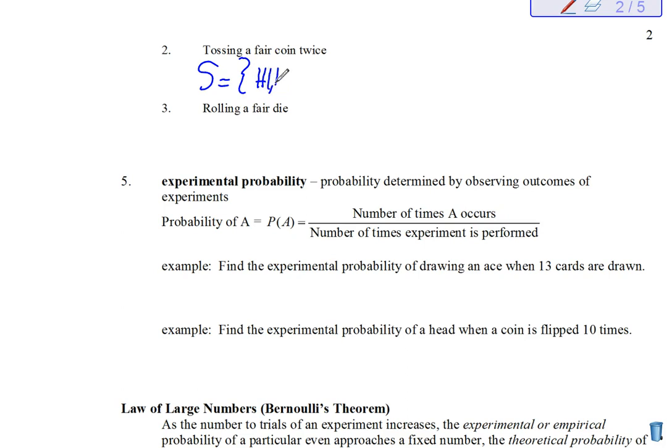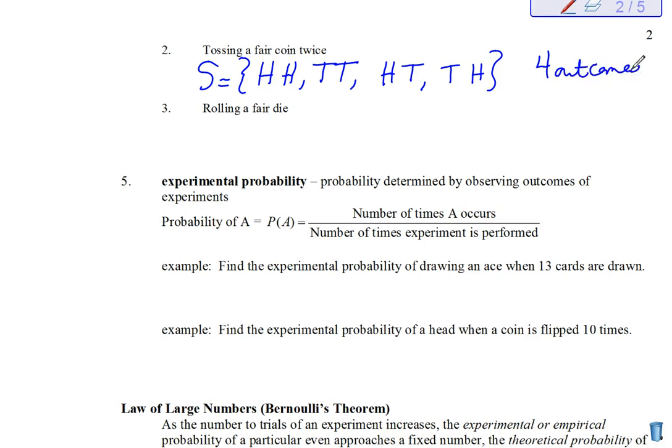So when I toss the coin, I could get heads for both of them. I could get tails for both of them. I could get heads first, tails second, or tails first, heads second, and that is 2 different outcomes. So for this experiment, we have 4 outcomes.